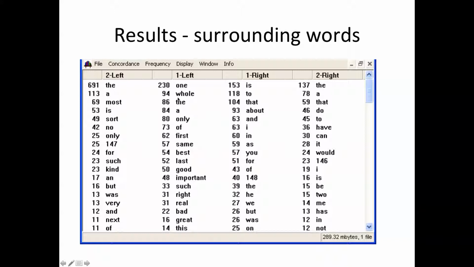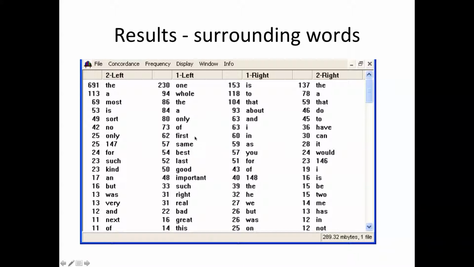We know that one is good, only is good, first, same, best, last, good, important, right, real, bad, great. So you could do a little bit of analysis there. You can see there's some commonality among these words, and there are certain patterns showing up as being very frequent with the word thing.